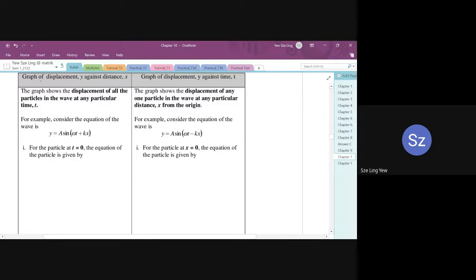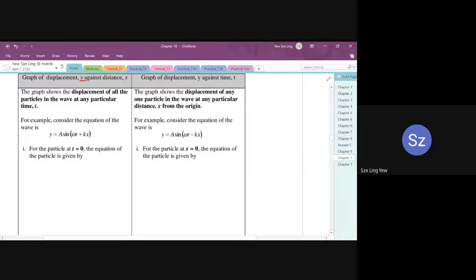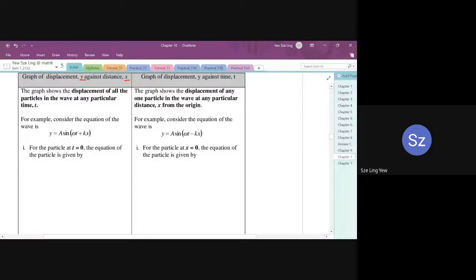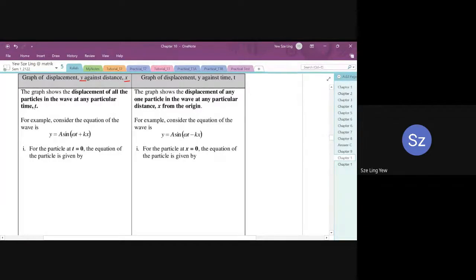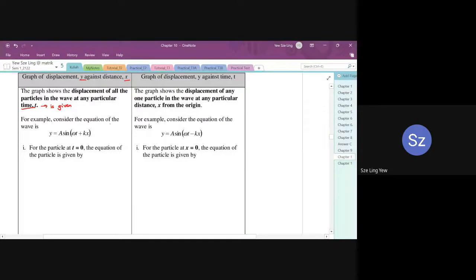So to sketch a graph of displacement against distance, y against x graph, usually you will be given time. The graph shows the displacements of all particles in the wave at any particular time. So time is given. For example, consider the equation of the wave is y equals a sine(omega t plus kx).